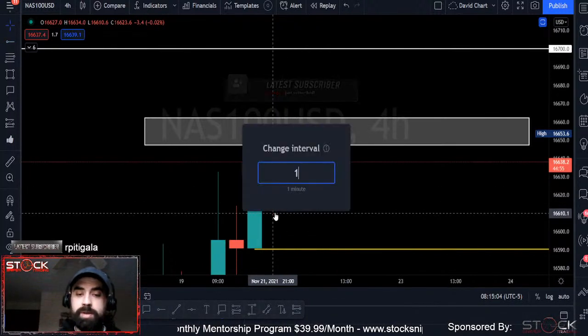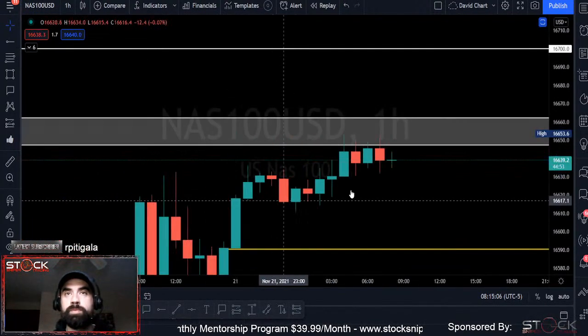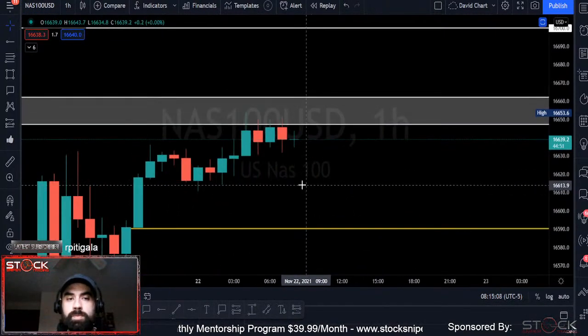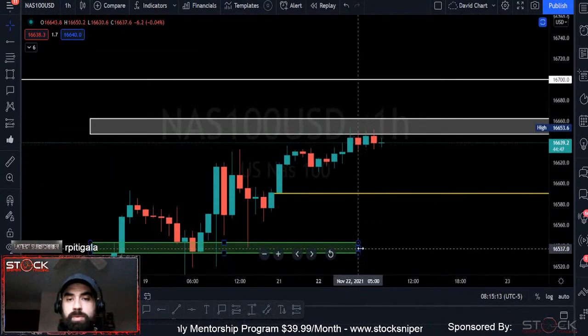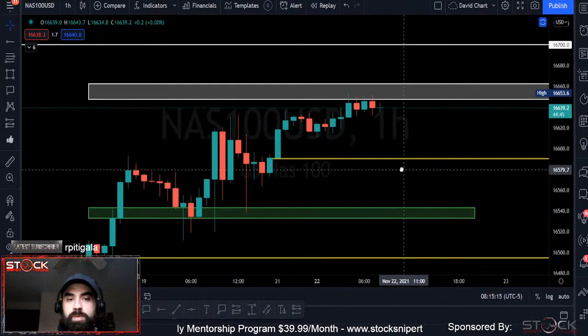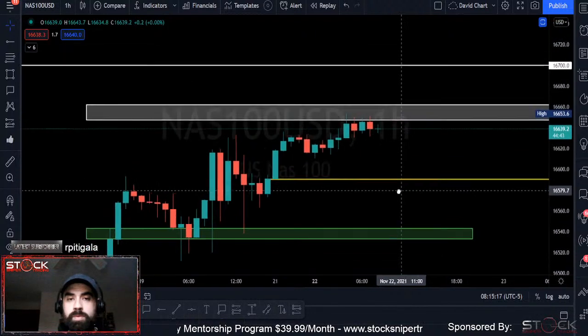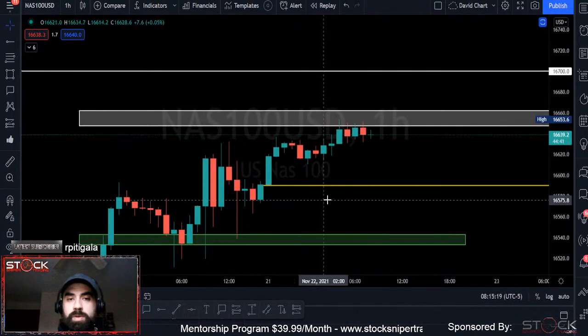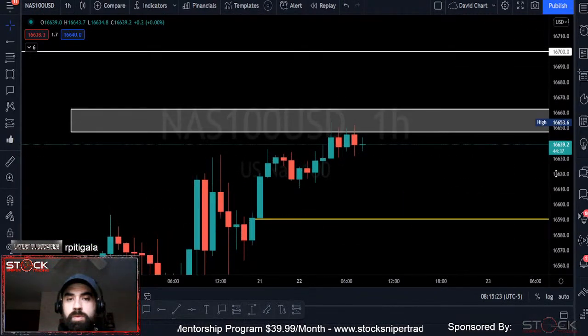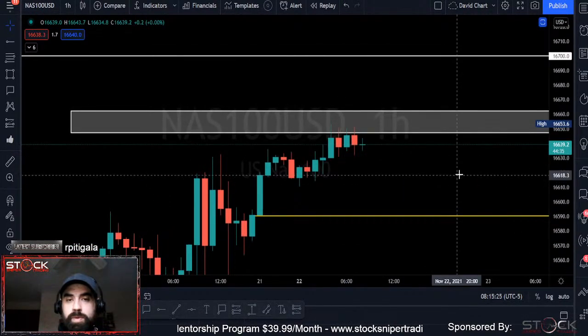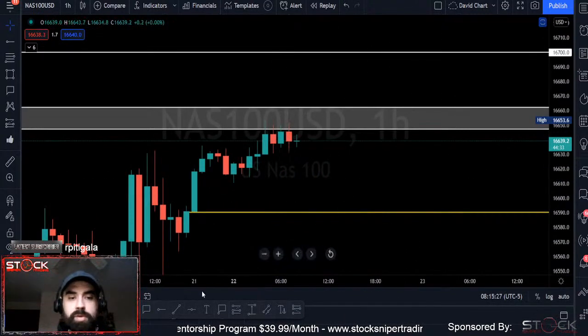Okay, so I want to drop it now down to the hourly. And let's now check it out. All right. The next area of support is right there. Perfect, guys.